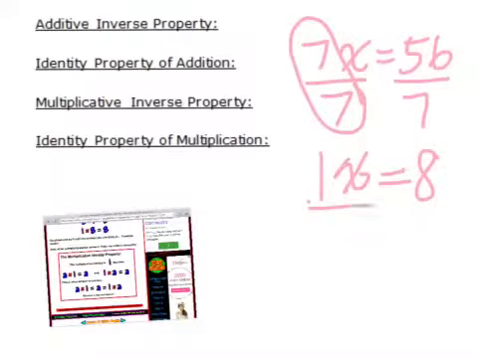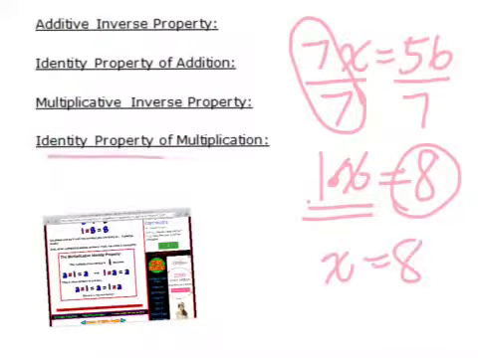And so this 1 times x means that this number x times 1 gives me this value, which is what tells me that x equals 8. And so that's how our identity property of multiplication shows up as our students are solving one-step equations.